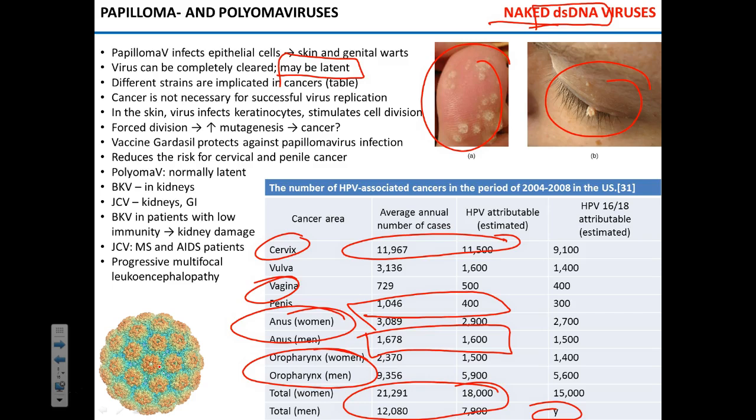JC virus is another great, interesting example. The disease associated with JC virus is called progressive multifocal leukoencephalopathy. Progressive means that it becomes worse. Multifocal, that there are multiple foci in the brain.